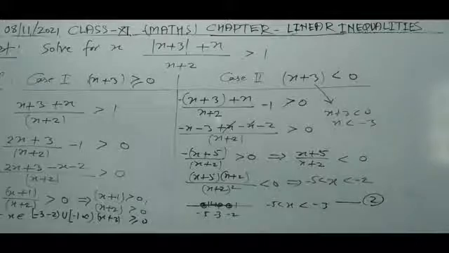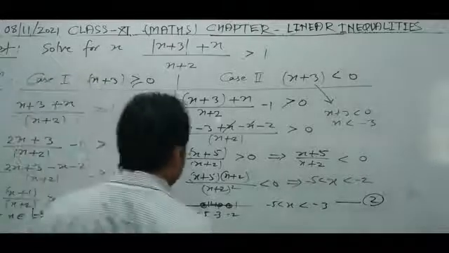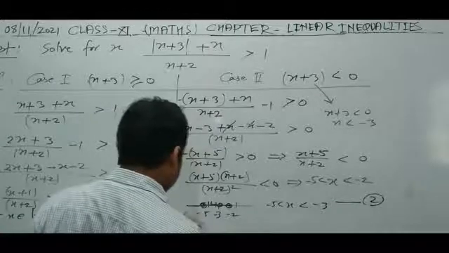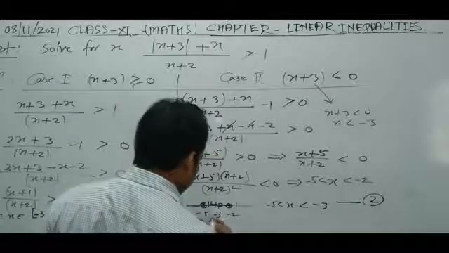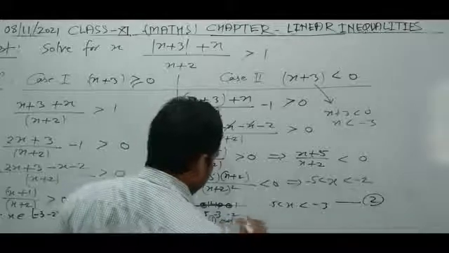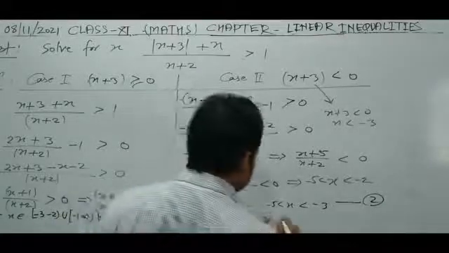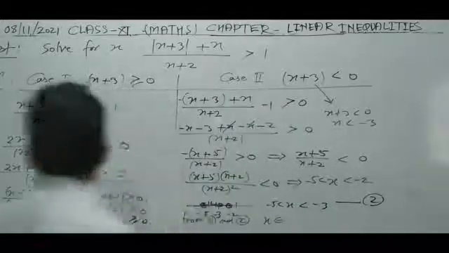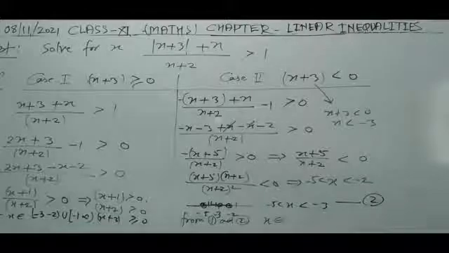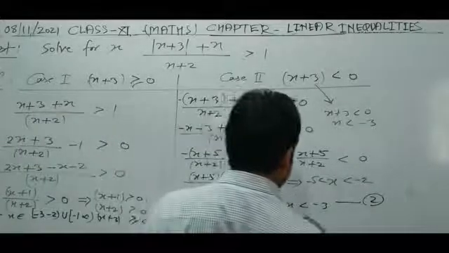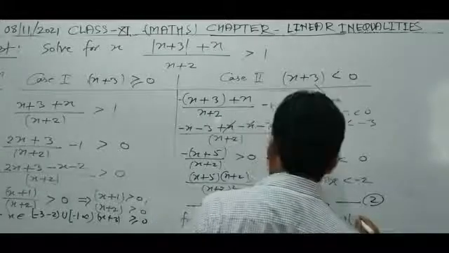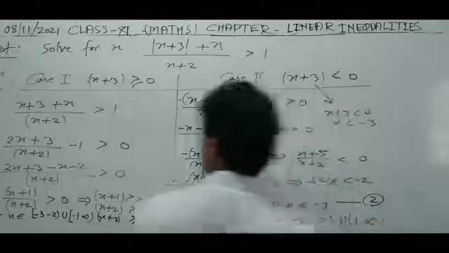Now we can write the inequalities: from 1 and 2 we get x belongs to minus 5 to minus 2 in open interval, union minus 1 to infinity.